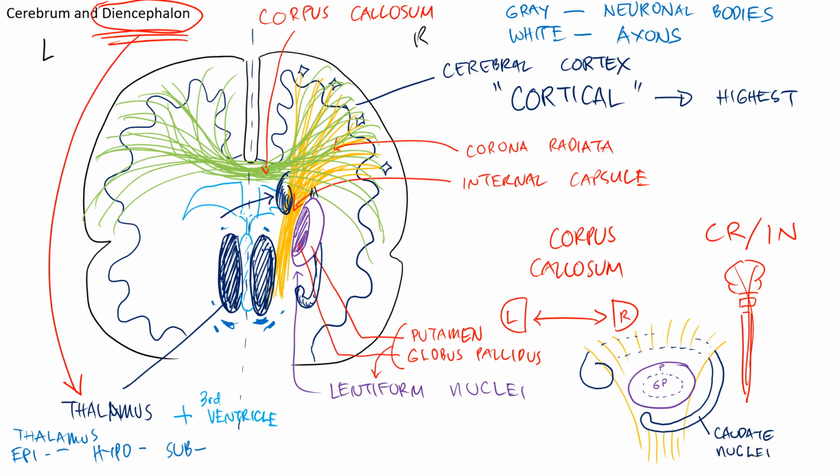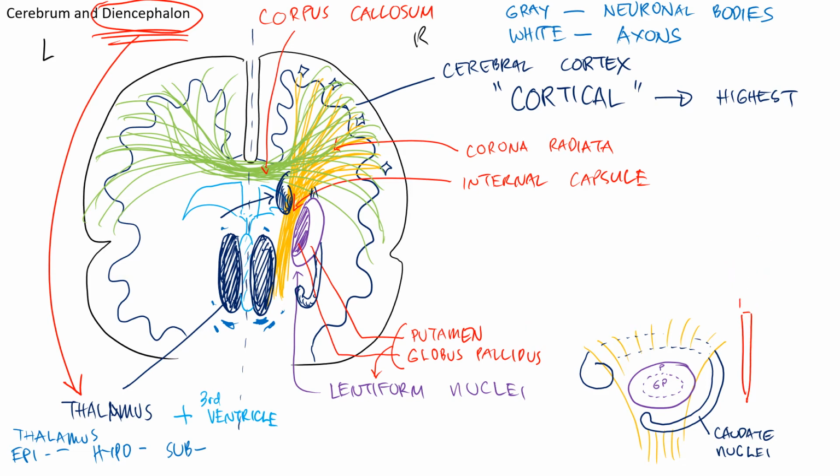Now, let me erase this one. So basically that's your other nuclei there. We still have to discuss the basal ganglia, but if you look at the orientation, just remember this, your main landmark would be your corona radiata and your internal capsule.